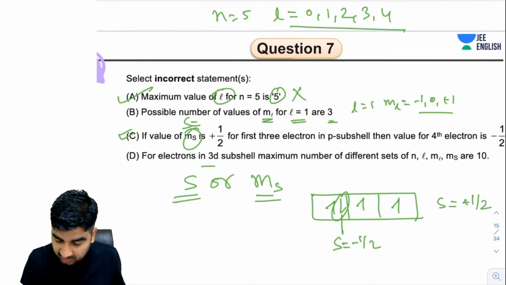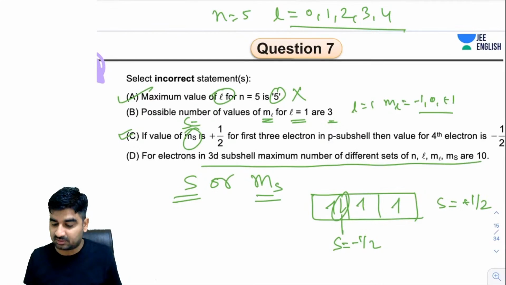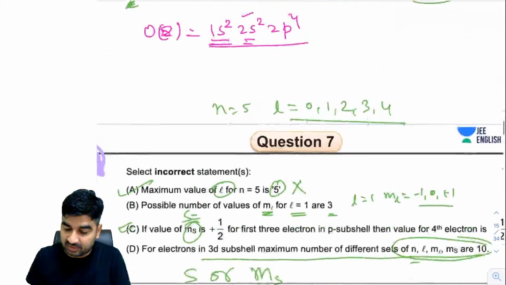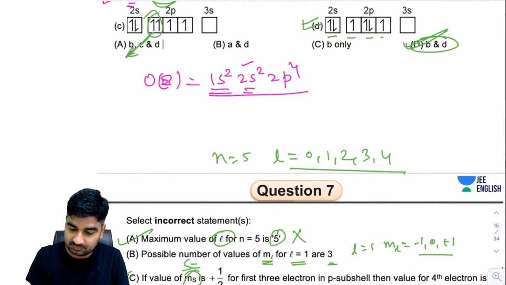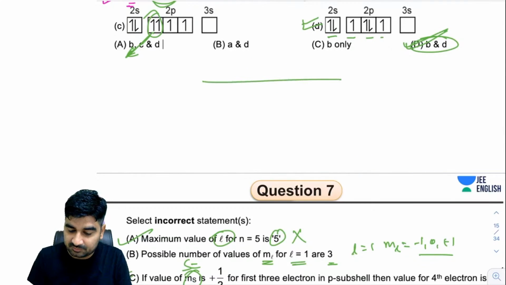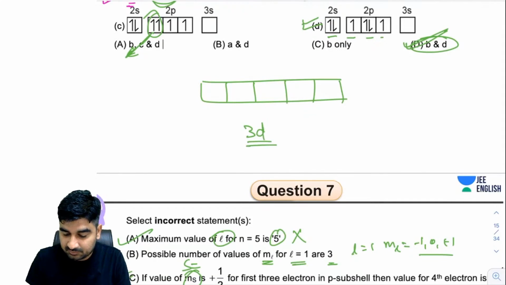For electrons in the 3d subshell, the maximum number of different sets of quantum numbers. So let's take a 3d subshell. 1, 2, 3, 4, 5. Now, if an electron is there, the value of n will be 3, L will be 2.